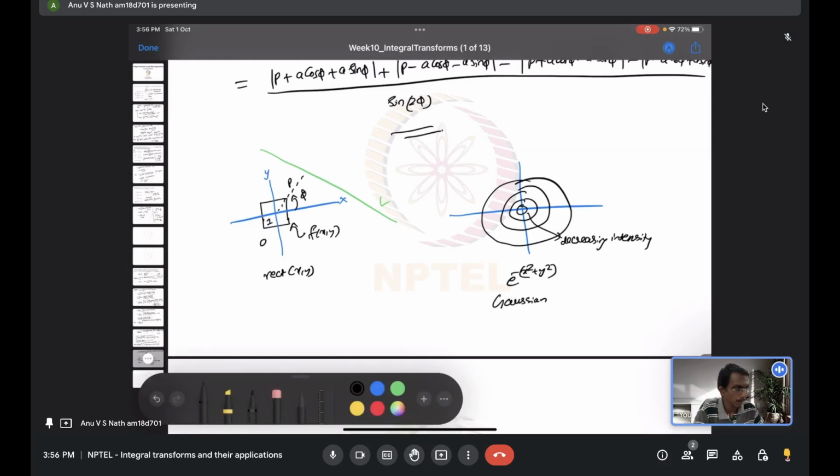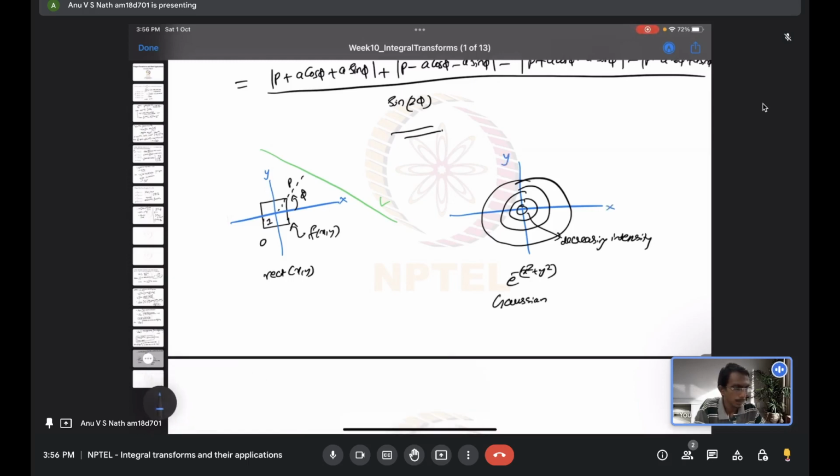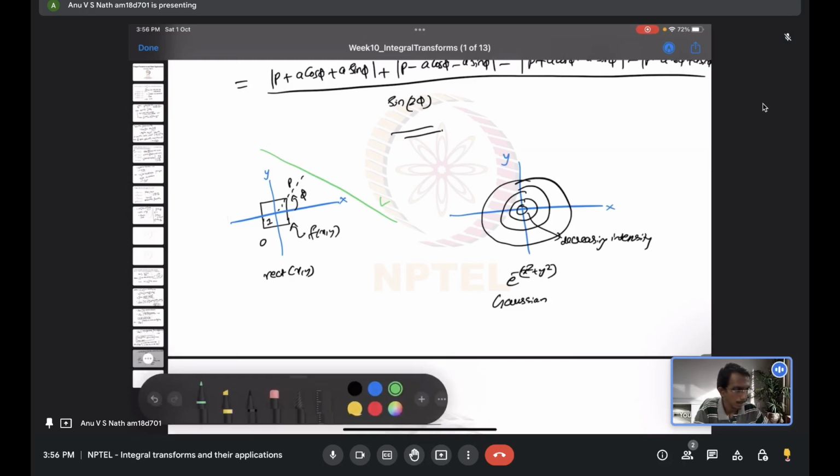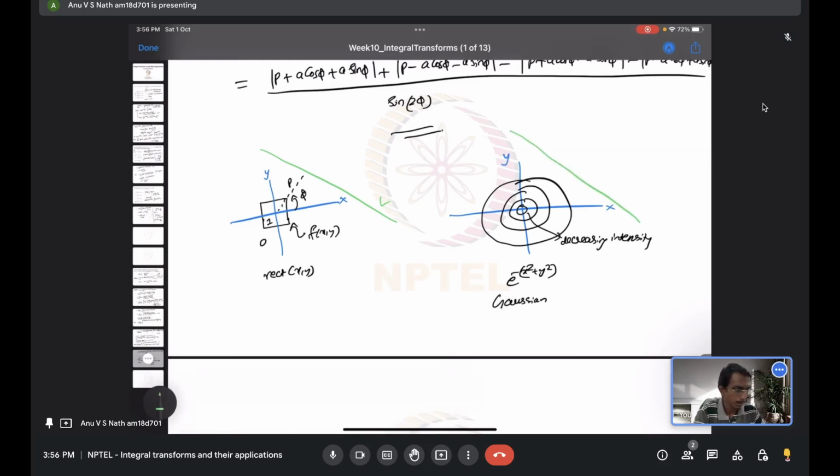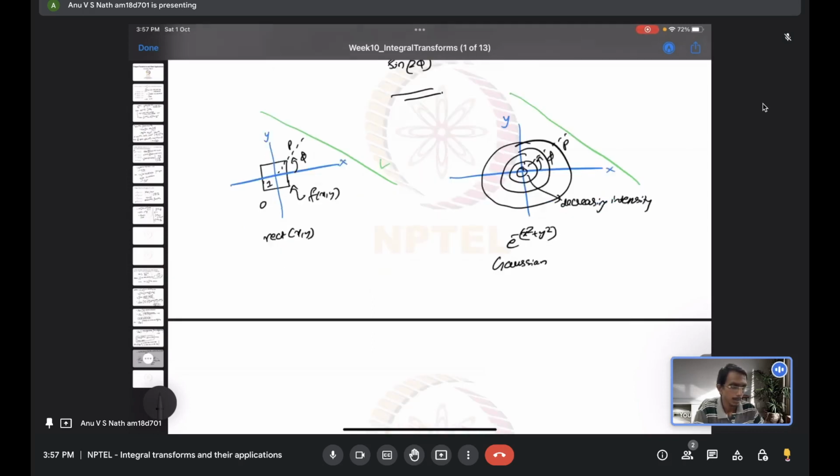Now if you evaluate its Radon transform on this plane, with p and an angle phi, you will get the same result for any angle theta because of symmetry. You will find that the result is independent of phi.